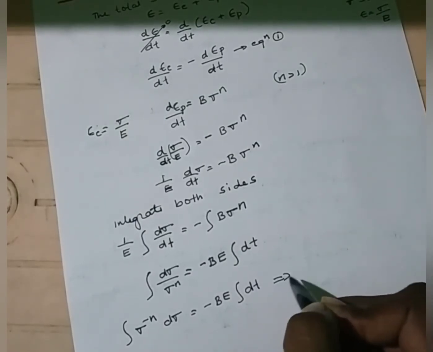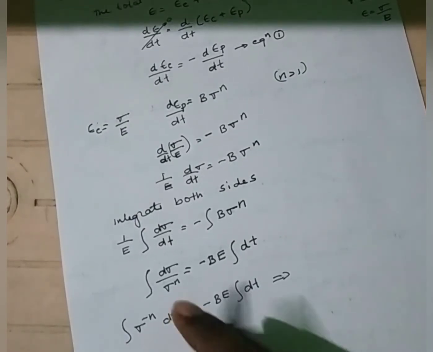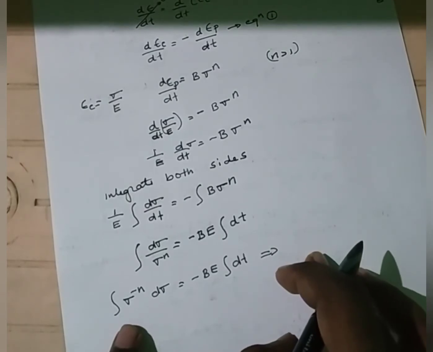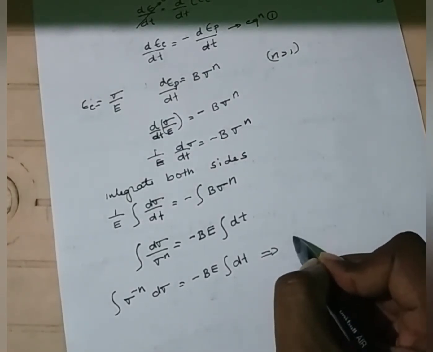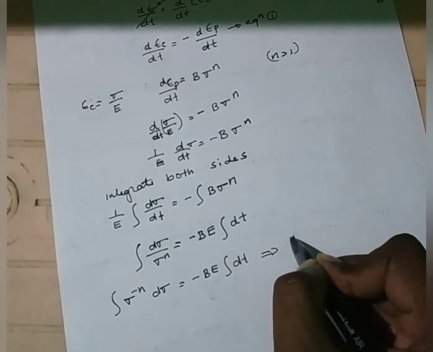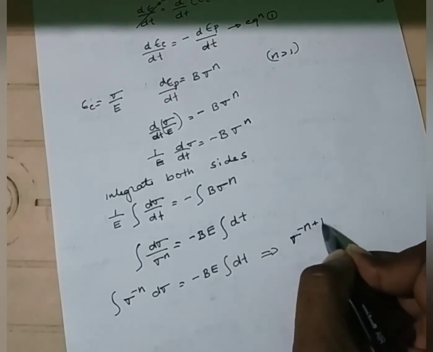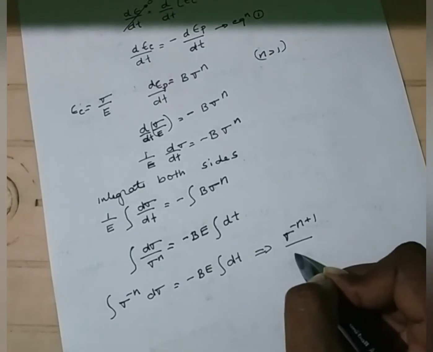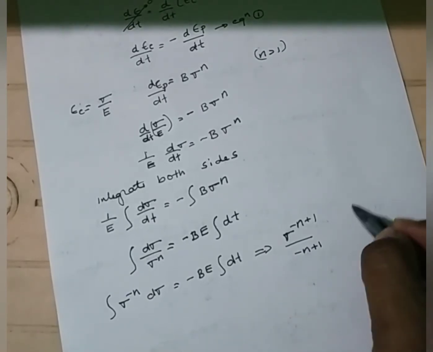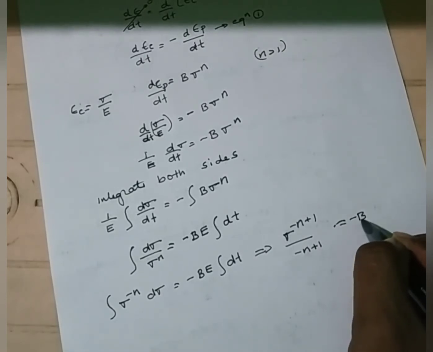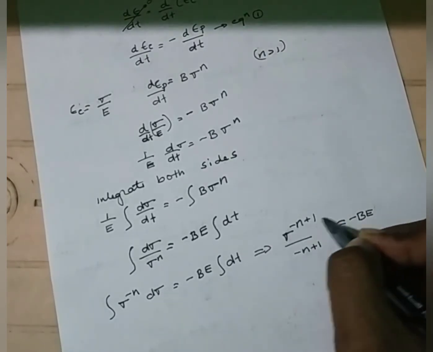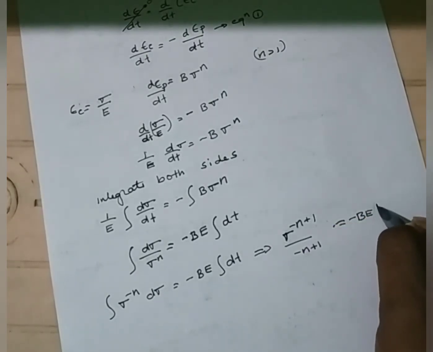Now what is the integration of x power n? Integration of x power n is x power n plus 1 divided by n plus 1. Therefore the integration of sigma power minus n is sigma power minus n plus 1 divided by minus n plus 1, is equal to minus B integration of dt. The integration of dt is t, and we have to add an integration constant.